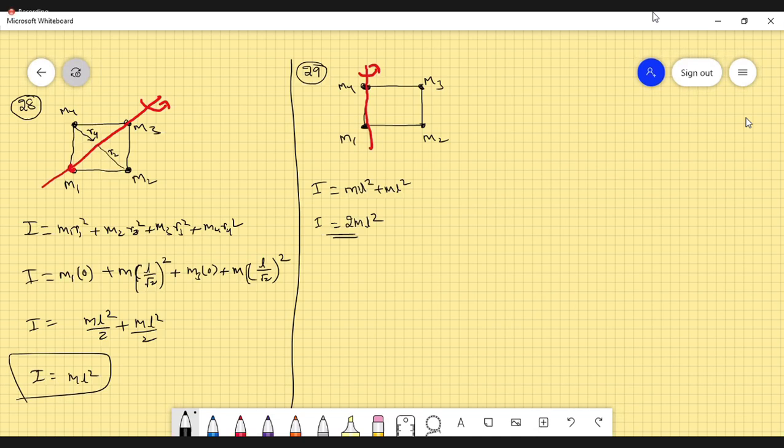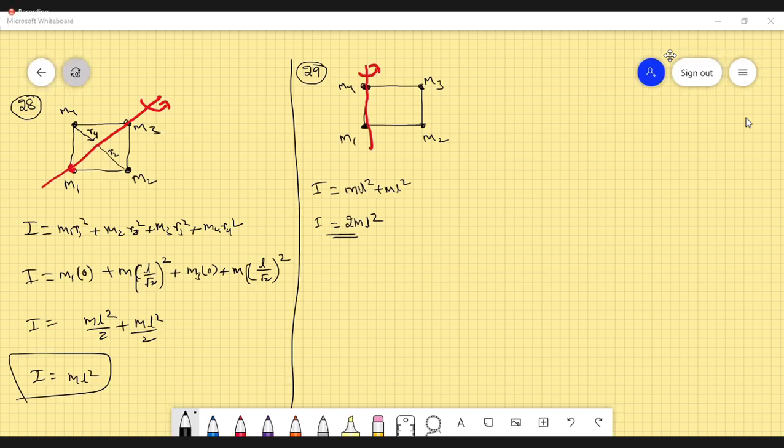Sir, R3 won't be L now, sir, it is the diagonal. No, not the diagonal. This is the axis, the complete side is the axis. The axis is fixed and the frame rotates like a door.